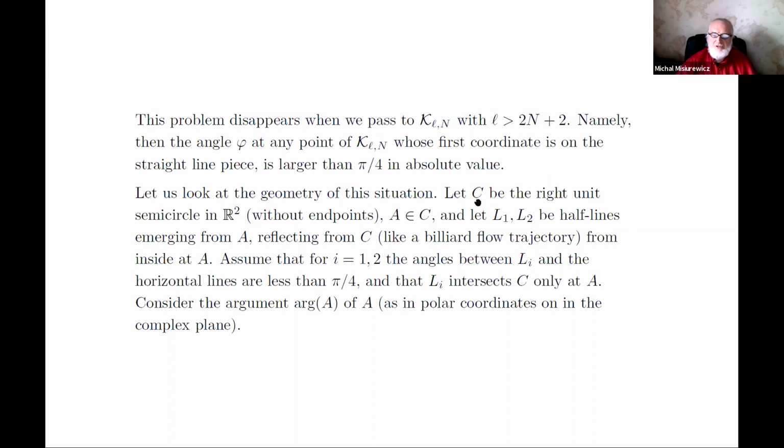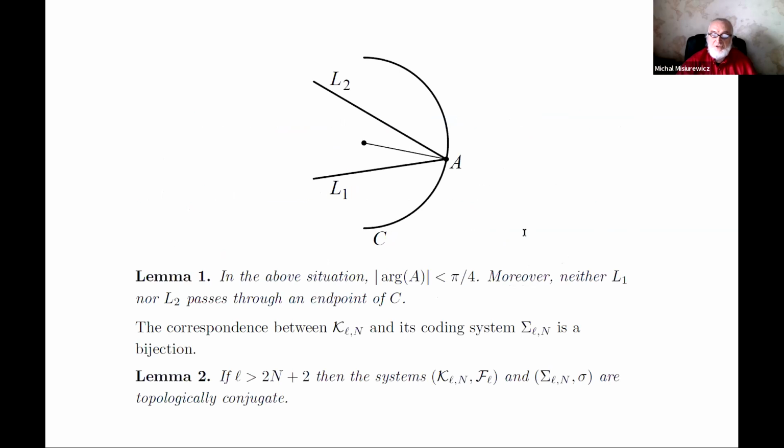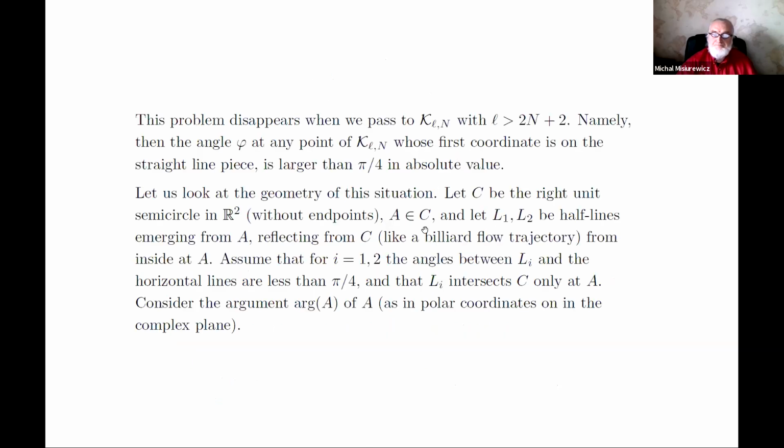Okay, so this is notation. So C is the right semicircle without endpoints. And L1, L2, I think this is the picture, yes. So we take the semicircle, we take a point, and let's say the trajectory comes along L1 and goes along L2.